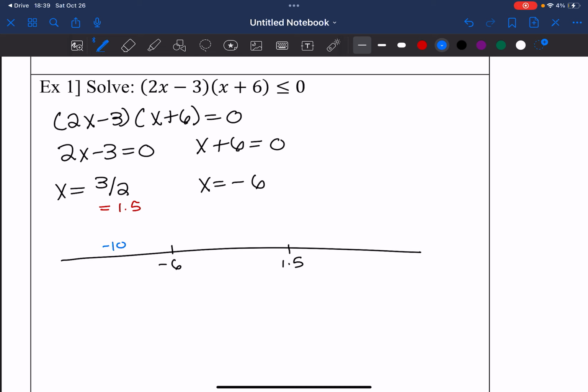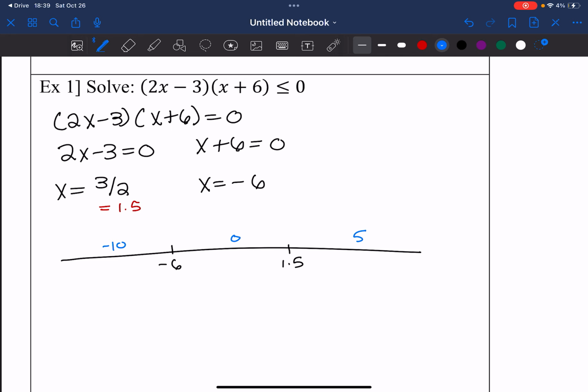We're going to pick a number between negative 6 and 1.5, so I'm going to pick 0. And then a number greater than 1.5, and I'm going to pick 5. Then we're going to plug in each of these test numbers into our original function.